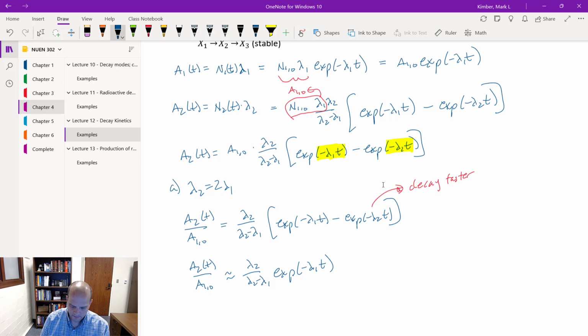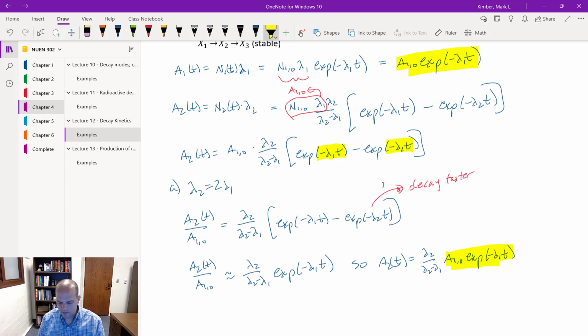Because this here, if I move the initial activity of isotope number 1 back to the other side for a minute, then we've got lambda 2 minus lambda 1 multiplied by that initial activity exponential minus lambda 1t. So this here was exactly what I had for the activity for isotope number 1.